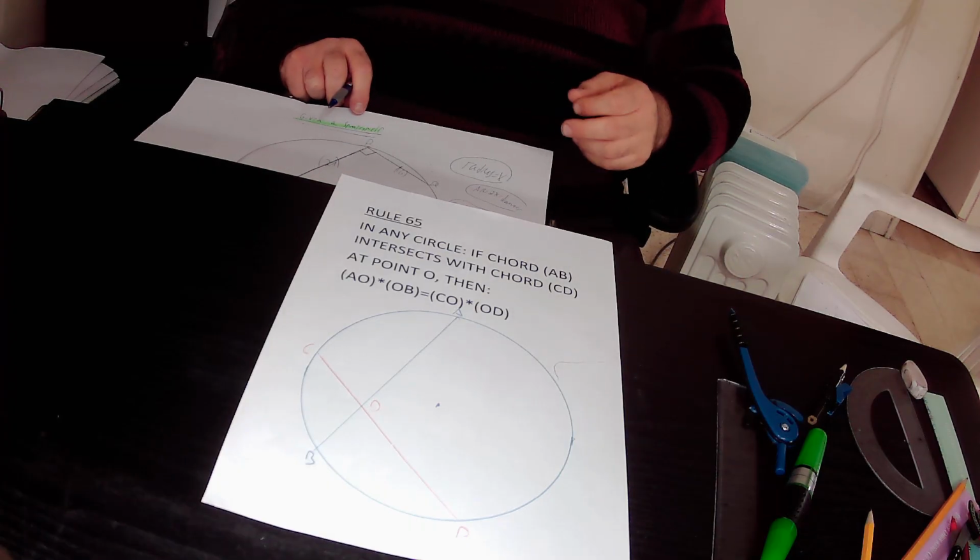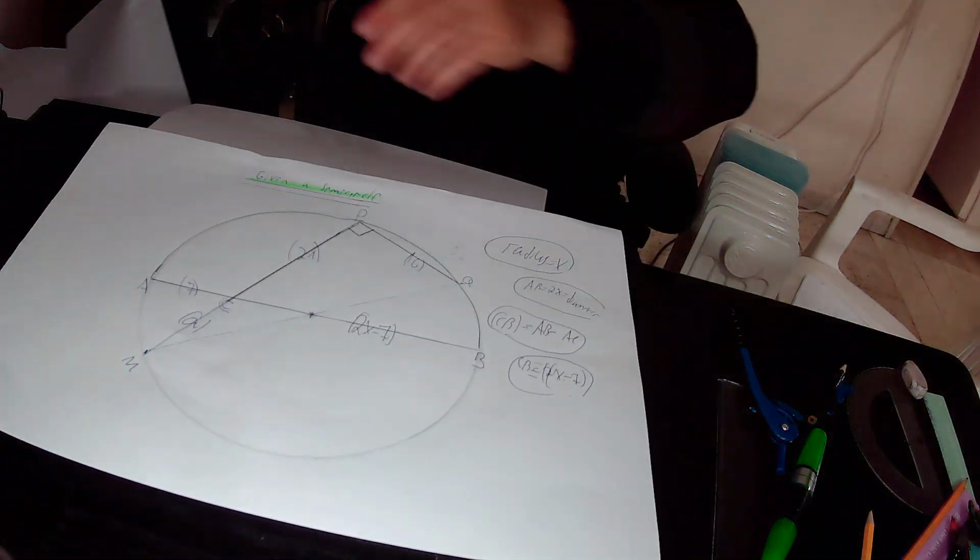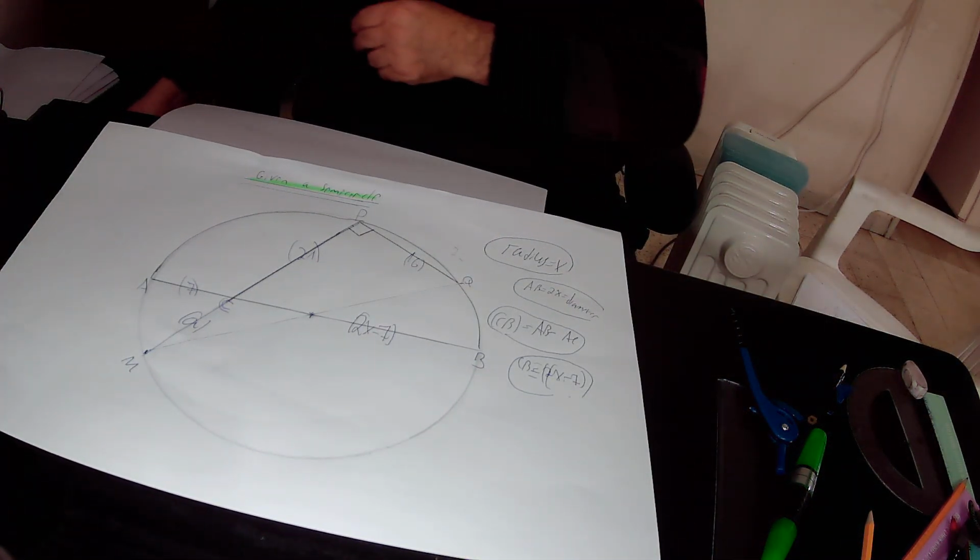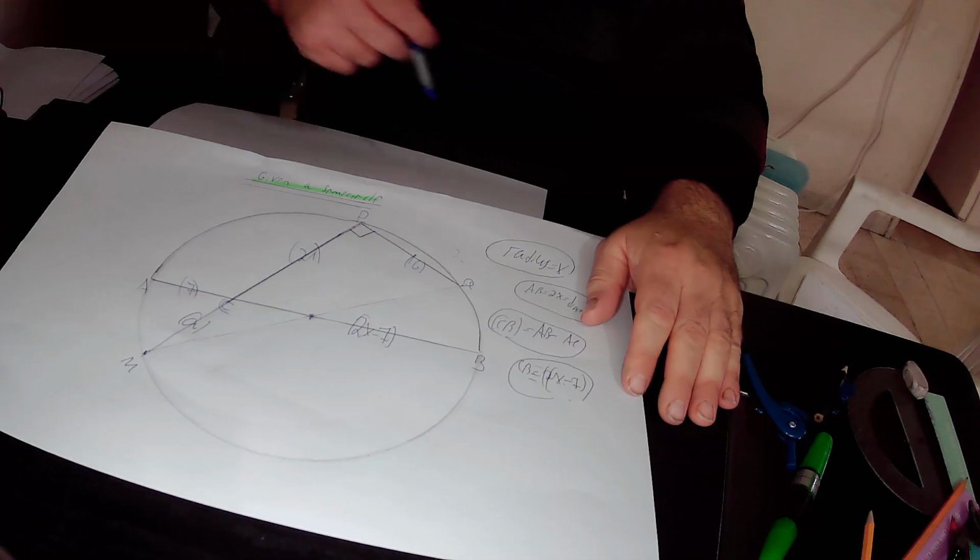We can implement rule 65 in our drawing, because in our drawing we have this circle.